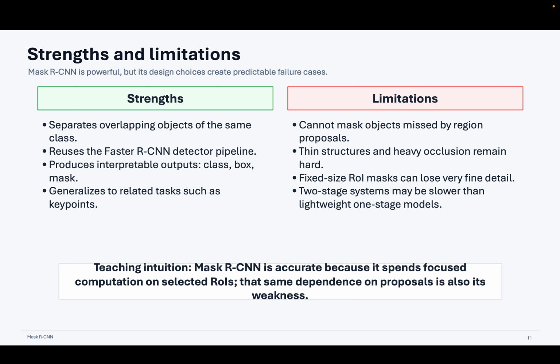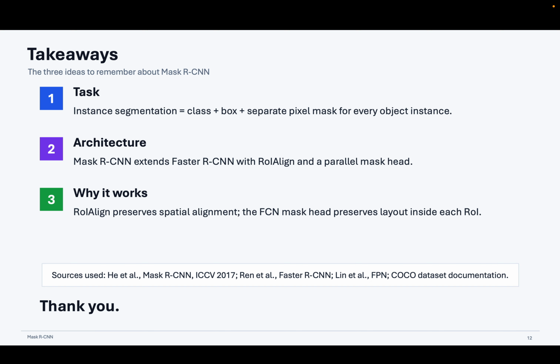To summarize, Mask R-CNN is a model for instance segmentation. Its output is a class label, a bounding box, and a separate pixel mask for each detected object instance. Architecturally, it is easy to remember as Faster R-CNN plus two key changes: RoI Align and a parallel mask prediction head.